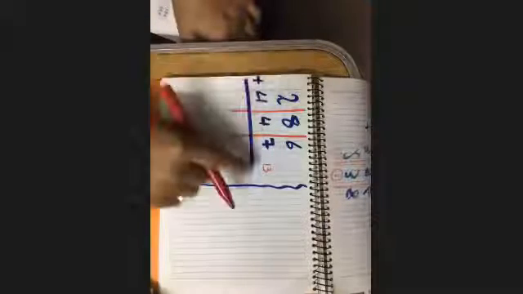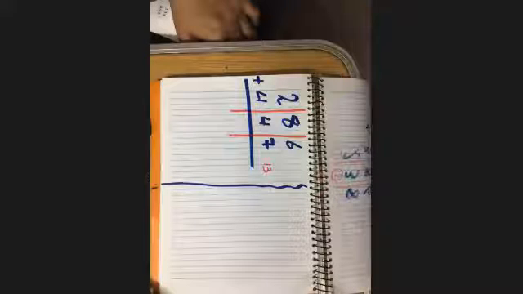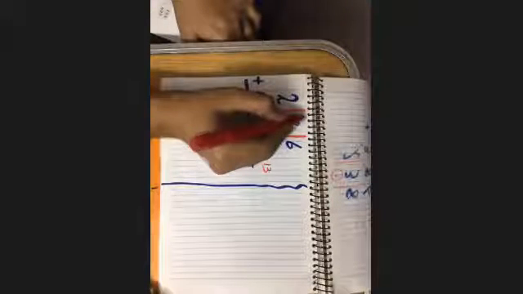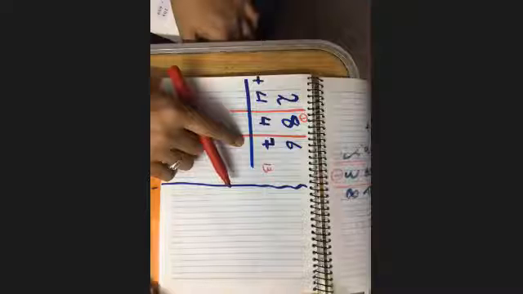Very good, Tia. Which number will we write down and which number will we write up? We will write 1 up. Yes, 1 here, carry 1. And which number will we write here? 3. Very good.